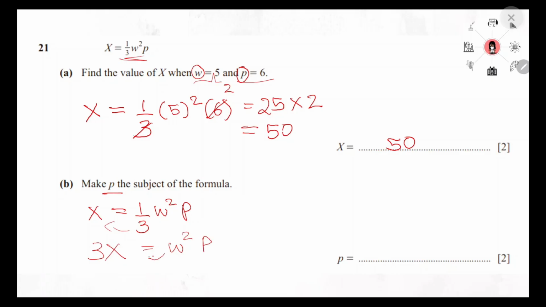Then we'll take w square to the other side, making it 3x by w square, which equals p. So over here, p has become the subject of the formula, and the answer would be 3x by w square.